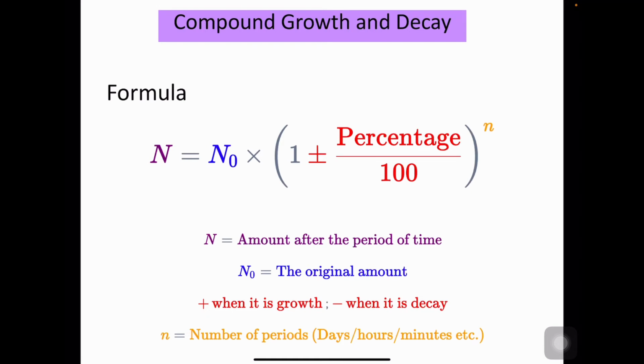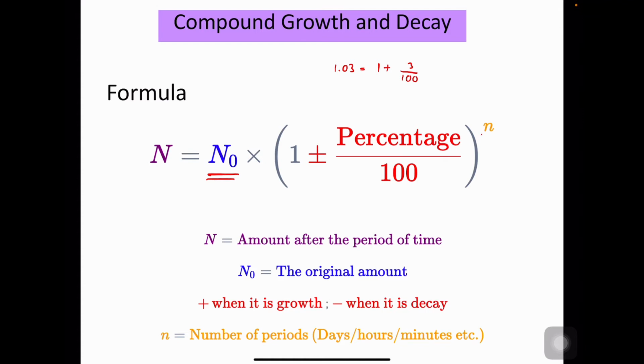So this is the general formula: the original amount multiplied by 1 plus or minus the percentage over 100. So in the previous question it was 1.03 because it was 1 plus 3 because it was 3% over 100. And of course the percentage would vary question by question.